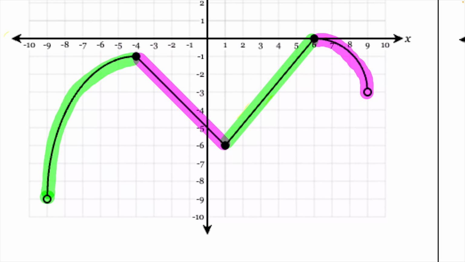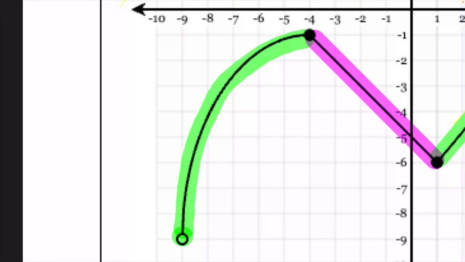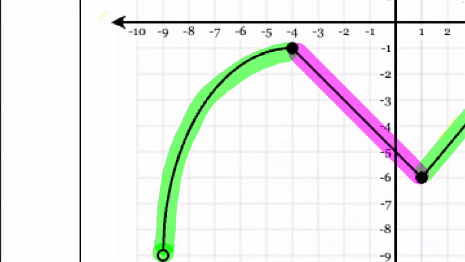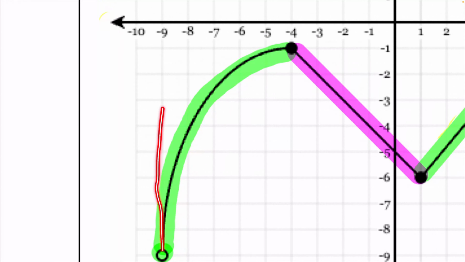So we have to write the intervals. So let's start on the first one, increasing. Which x value did I start increasing? -9, right? Which x value did I stop increasing? So we're going to write that, parentheses, -9, comma, -4.